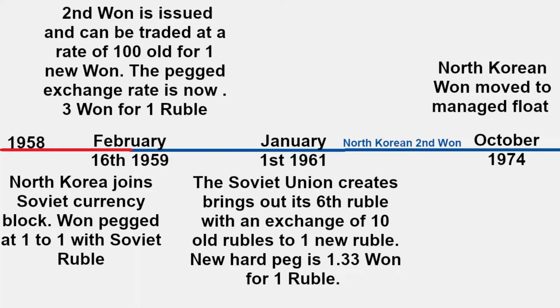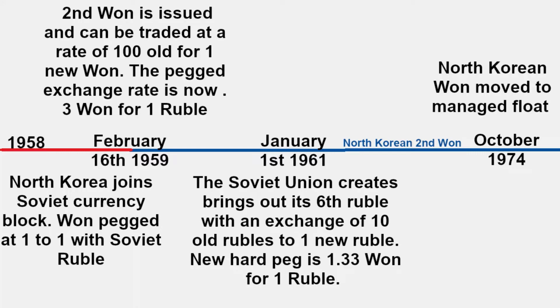The economy was damaged by the Korean War. There was lots of inflation. So basically, from the 13th to the 17th of 1959, they switched to the second won. So to get one new won, you had to trade in 100 old won.